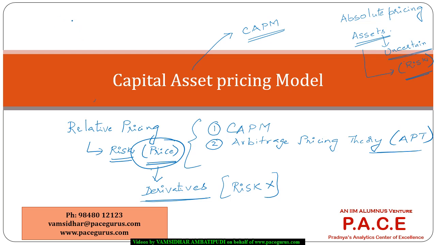As part of this session, what I am going to look at is the return of the assets. For each asset or portfolio I take up, I am looking at the return of the asset versus the risk. How do I link these two elements? How do I measure the risk of the security or the portfolio?